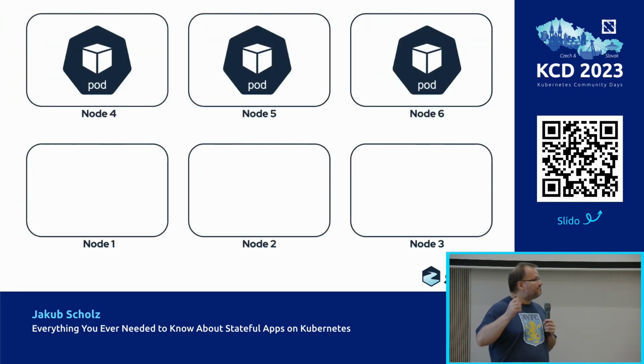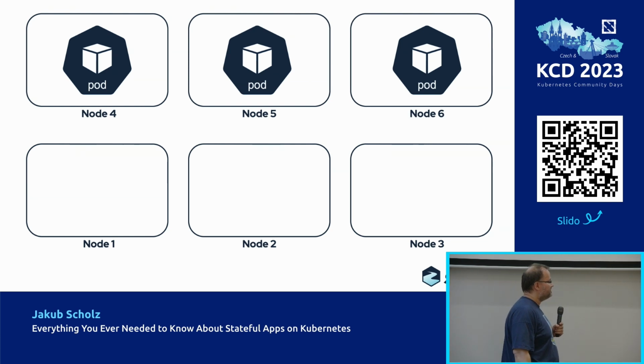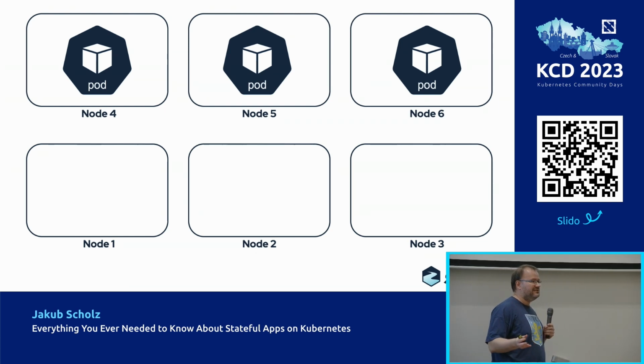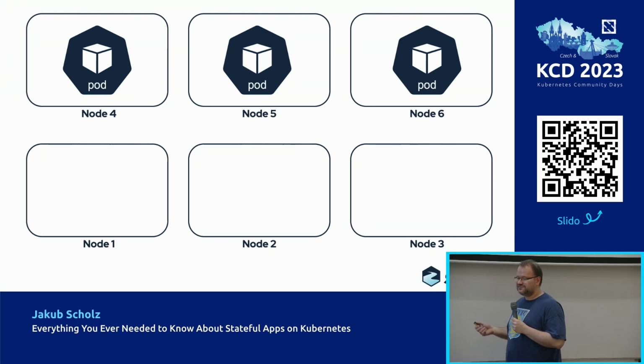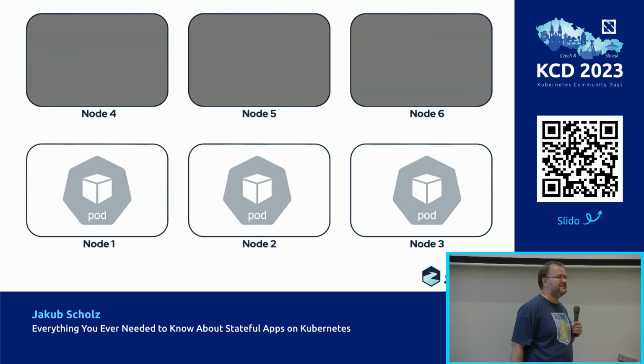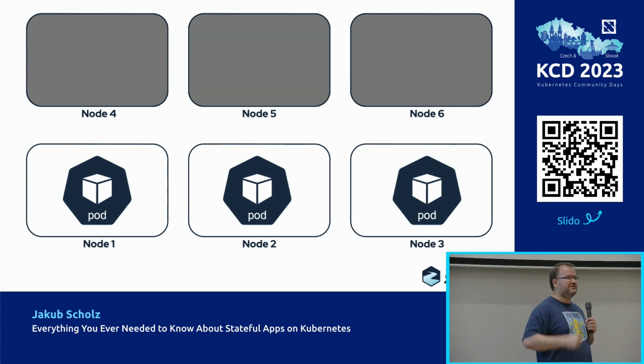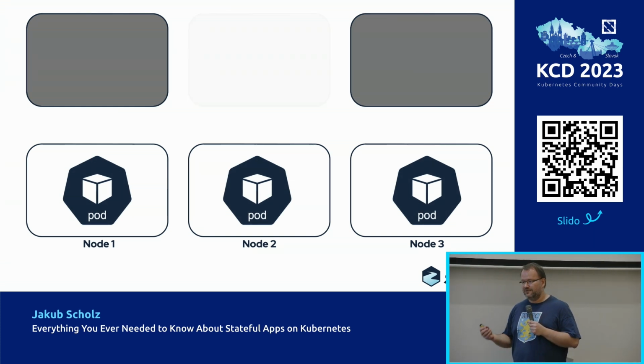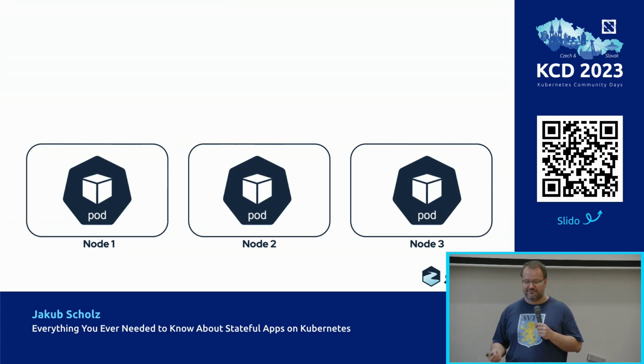So imagine you have a Kubernetes cluster like this with 6 nodes, and it's mostly empty, and you want to scale down the worker nodes. So let's say some cluster autoscaler decides to scale down nodes 4, 5, and 6. So it cordons them, it deletes the applications running on them, and then they are scheduled on the remaining nodes. Now, that's great, it works, you save some costs, but it moved all the pods at the same time.